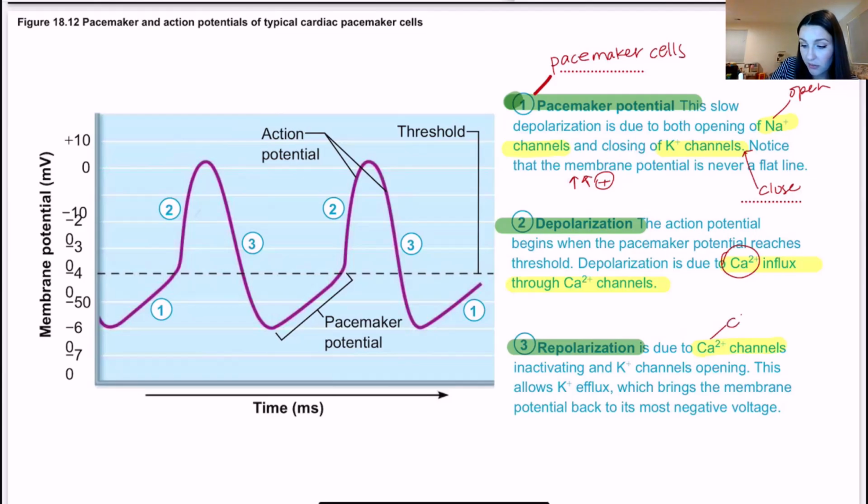So calcium channels close. That makes the cell become less positive, more negative. It also opens our potassium channels. Both of those events lead to the cell going in the downwards direction. That makes the cell less positive or more negative. Those are synonyms, right? Overall repolarization, so we come back down.